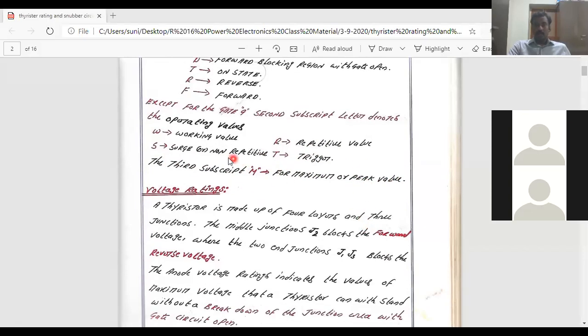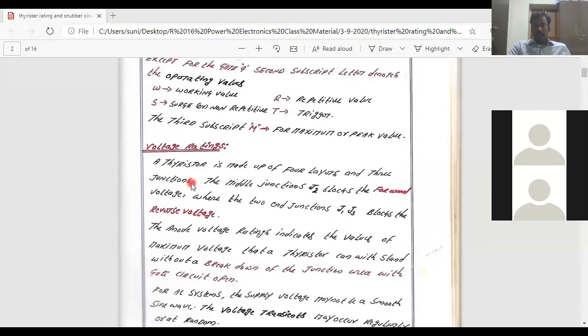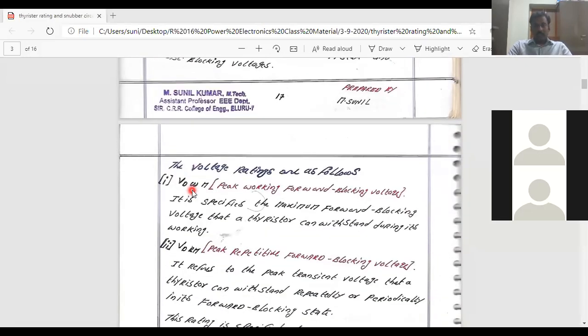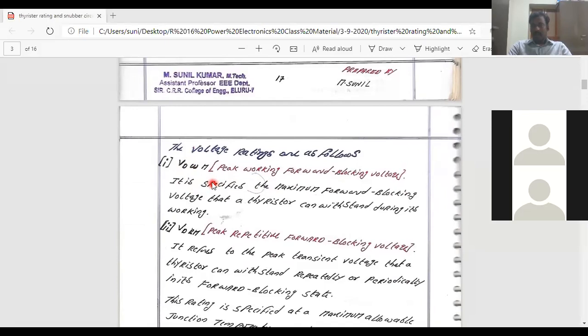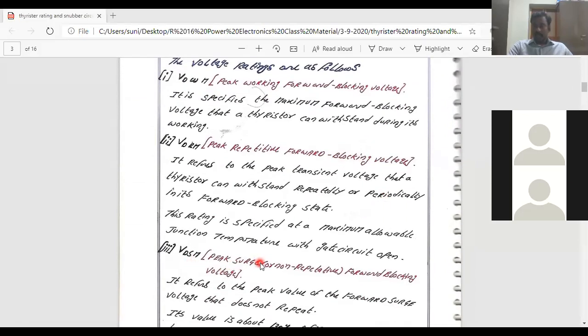Okay, so when you are going to consider the voltage values, the voltage ratings are going to be defined as all these: peak working forward blocking voltage, peak repetitive forward blocking voltage, peak surge or non-repetitive forward blocking voltage.